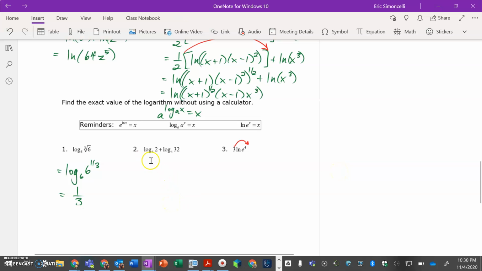Next problem, log base 4 of 2 plus log base 4 of 32. We do have the same bases here and here. The product property should apply in context. So we can technically multiply 2 times 32 as an option, which I did do, log base 4 of 2 times 32. You could also, though, simplify either log and go from there.